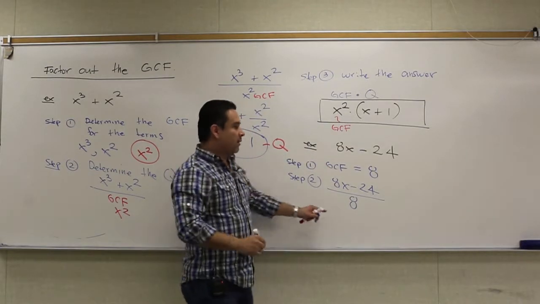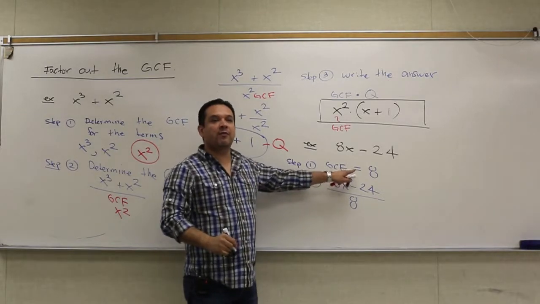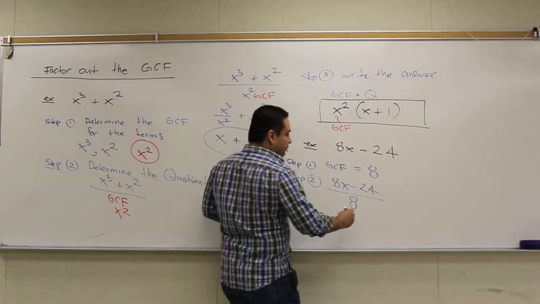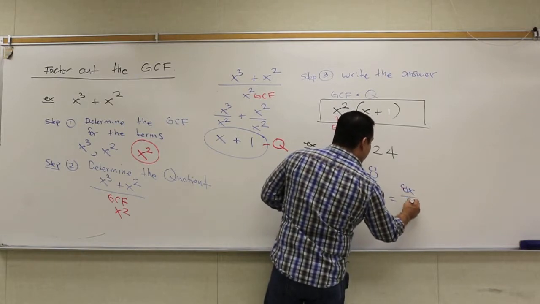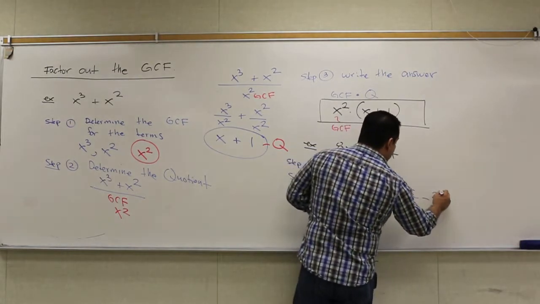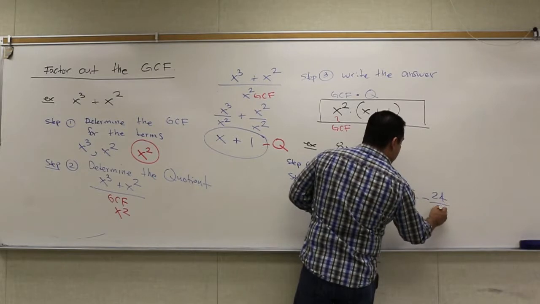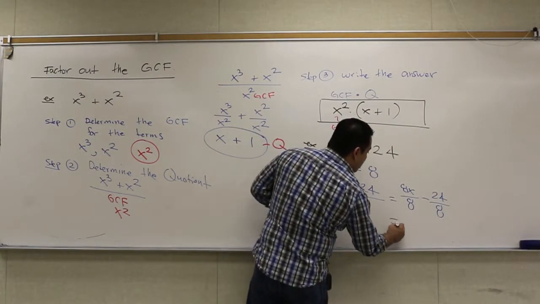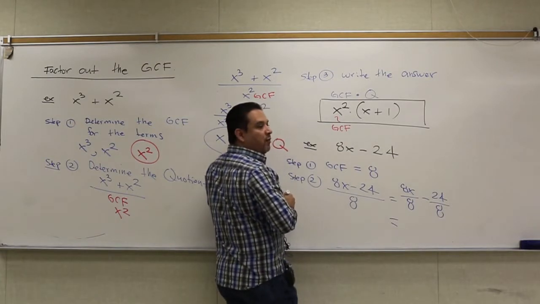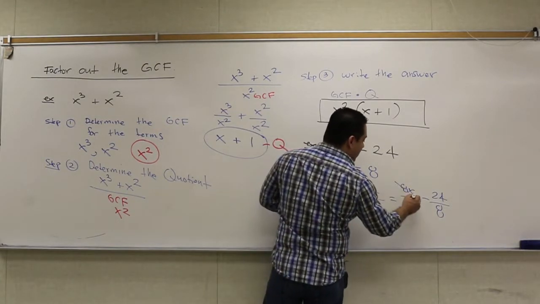So remember, if you're going to divide two terms, divide them separately. So you get 8x over 8 minus 24 over 8. When you do this division, the 8s cancel.